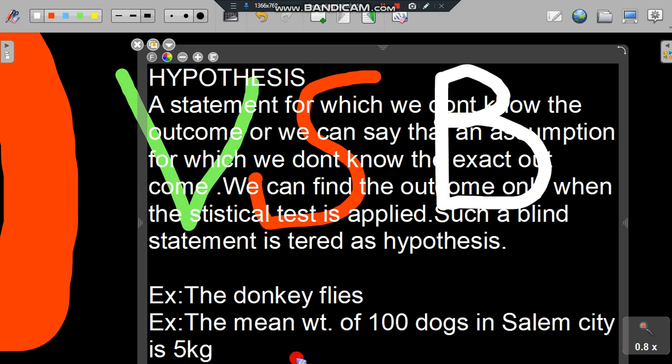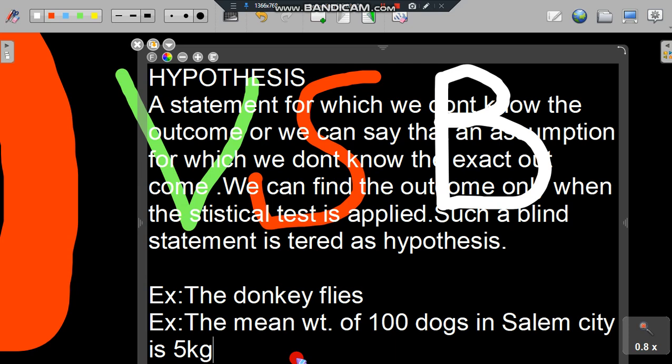When we apply statistical tests on this hypothesis, we can accept this statement as it is, or reject it. We cannot just say one statement and claim it. That is impossible in our educational knowledge world.